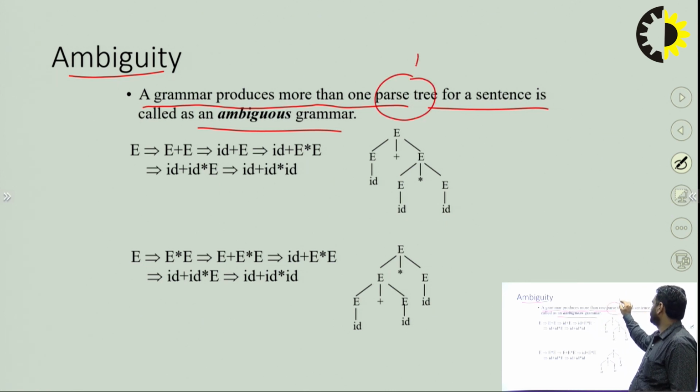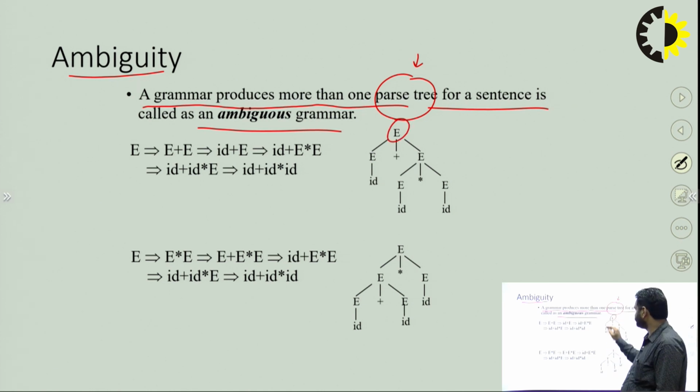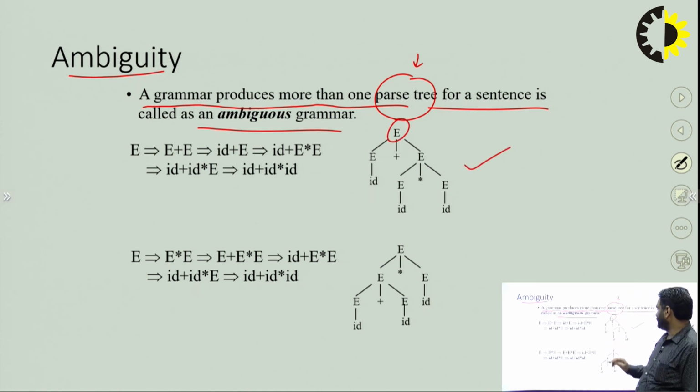It's a way through which we can find how this string is generated by means of the appropriate production rules. So this is the first way through which we are finding our string.